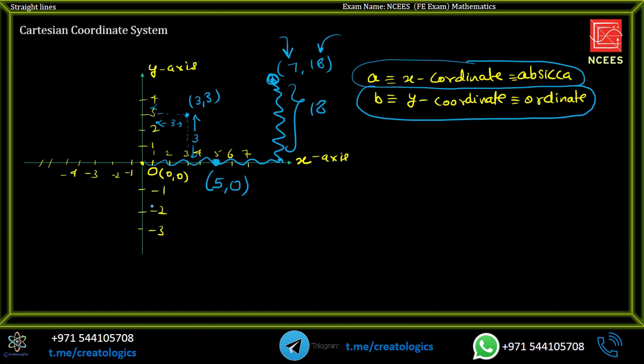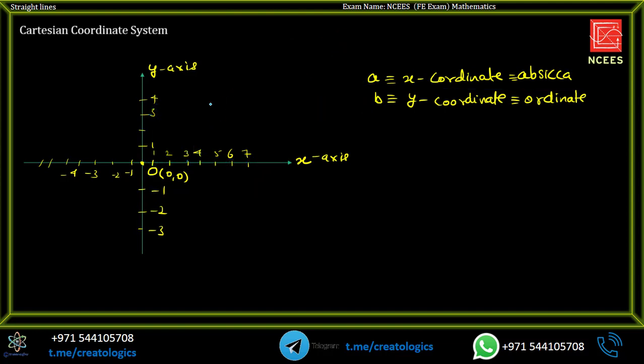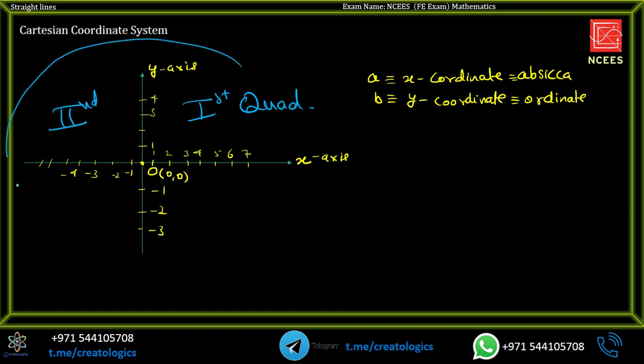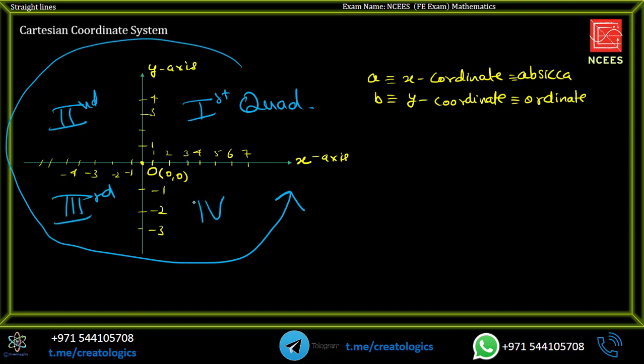Okay. Now, our complete Cartesian system is divided into 4 parts by the x-axis and y-axis. This is the first region, called the first quadrant. This is the second quadrant. We always move in the anti-clockwise direction. Anti-clockwise direction is considered as the positive direction. So first, second, then here we have the third quadrant, and here it is the fourth quadrant.